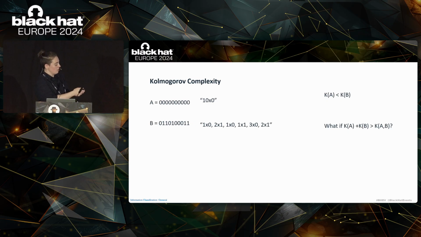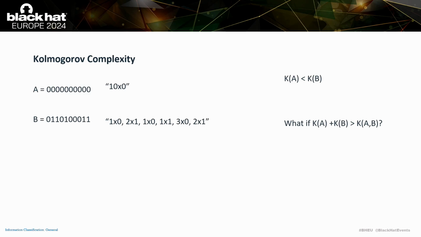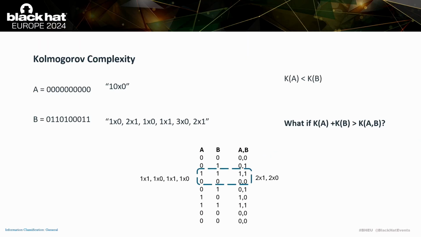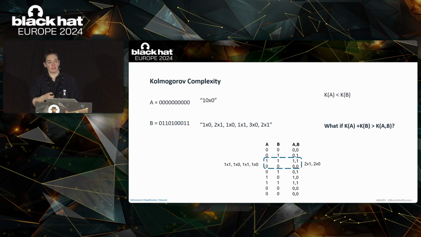So what happens if one of these is less than the other, or the sum total of these combined, when we care about whether or not it came from A and B, is greater than the two of them combined? In this example, if I'm caring about whether or not it came from Alice and Bob, then I'd have to say there's 1, 1, and 1, 0, and then 1, 1, and 1, 0.